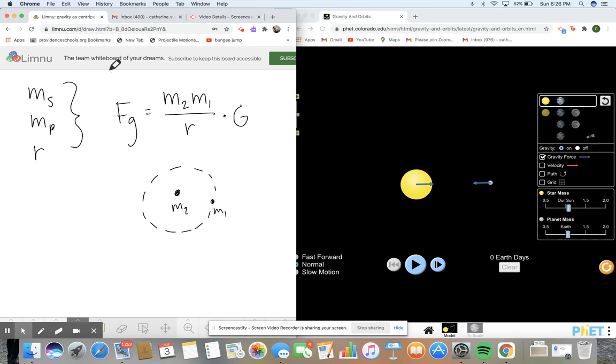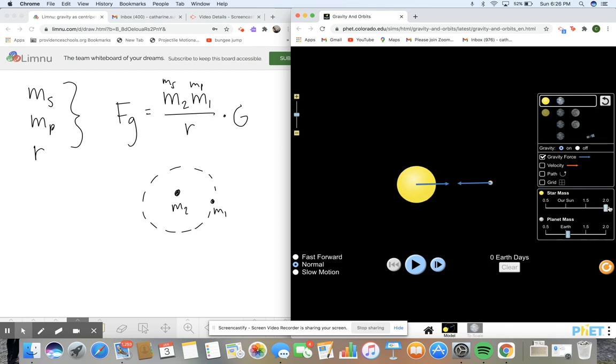So in our case, ms is m2 and mp is m1. And this should make sense because as we increase m2 or m1, the gravity force gets bigger, bigger, bigger. Makes sense because they're on top of our fraction. As we increase that r value, that distance, our gravity force gets smaller. That tells us, yes, it's on the bottom of our fraction.